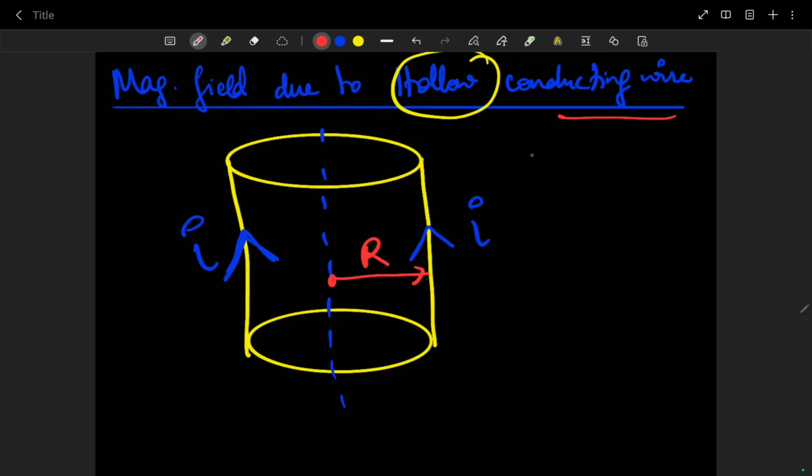So when I'm talking about inside, for that I also need to consider small r, right? I'm just using any loop over here which is inside the wire, because it's hollow.